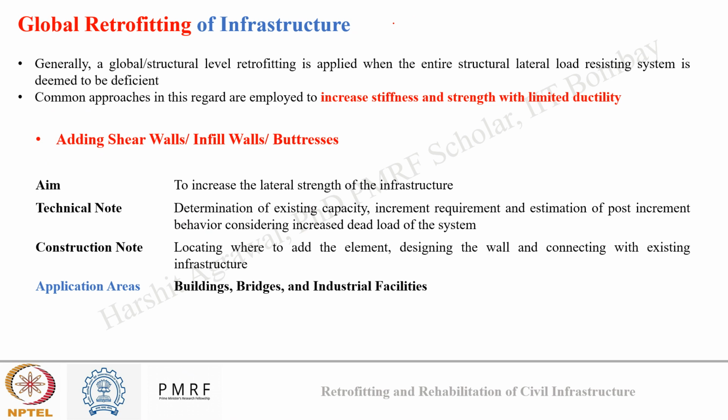The common approach in this regard is to increase the stiffness and the strength of the building with limited ductility. So when we talk about global retrofitting, we are more focused on strengthening the structure rather than improving its ductility. Now, global retrofitting can be done in different ways, so let's quickly see each of these ways one by one.